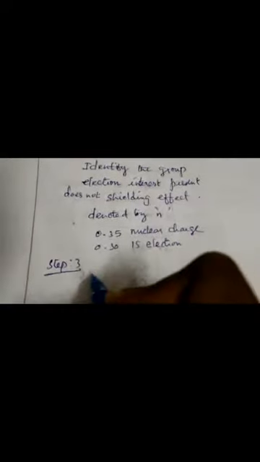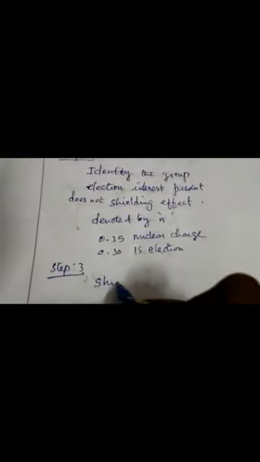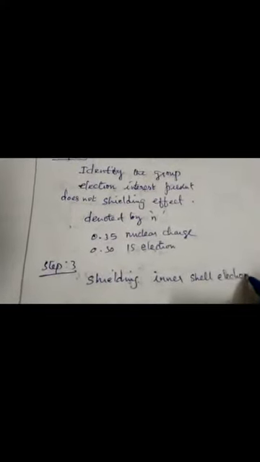Step 3. Shielding in inner shell electrons that belong to s and p orbitals.